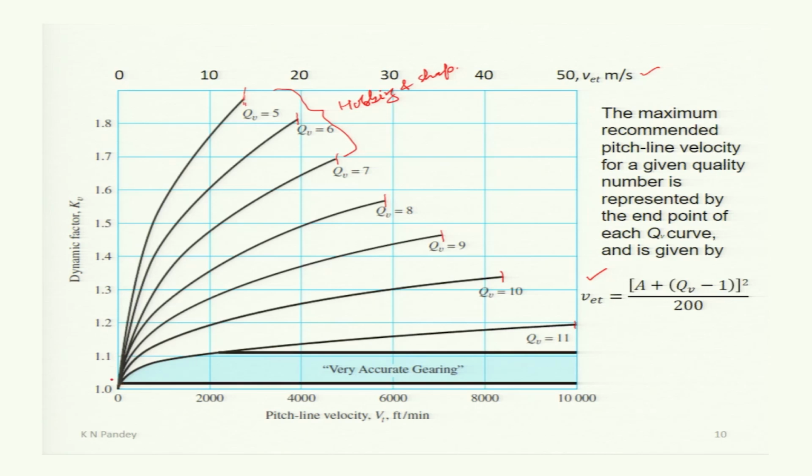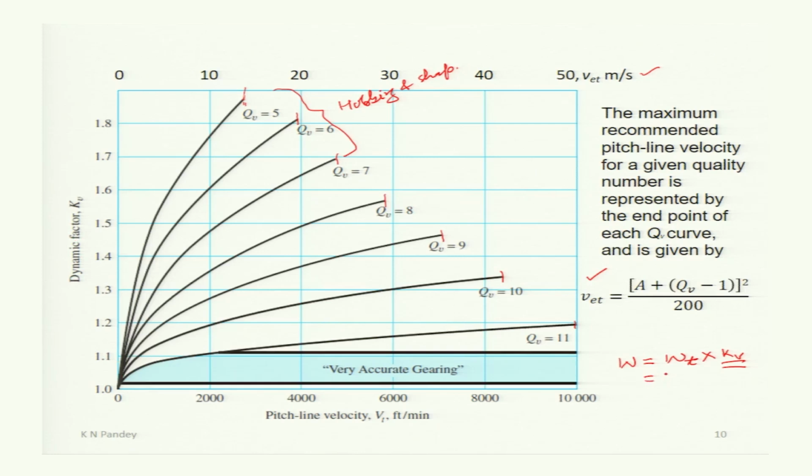So, if you see the transmitted load Wt multiplied by the velocity factor Kv, then if very accurate gearing is there, the maximum value of dynamic factor will be 1.1.